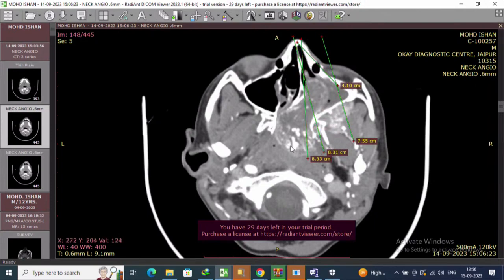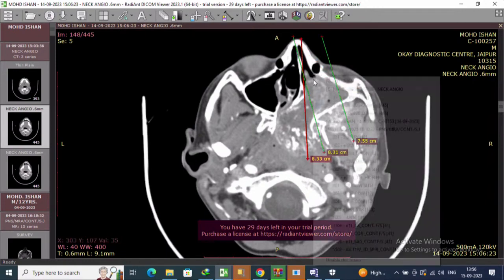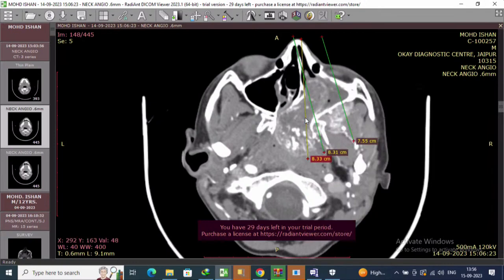Can you see? Yes, sir. See my thorough access? This will be the thorough access. With 0 degree, we can see the entire maxillary sinus head-on.